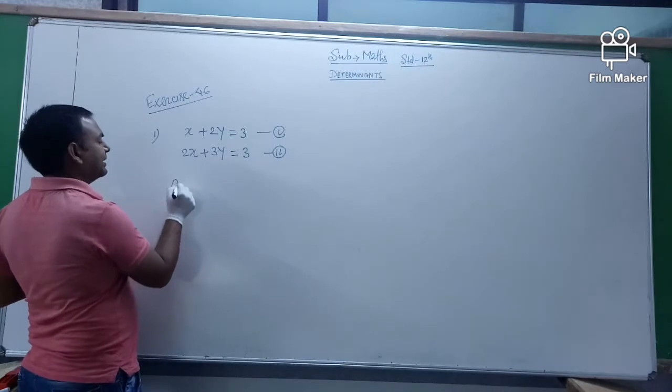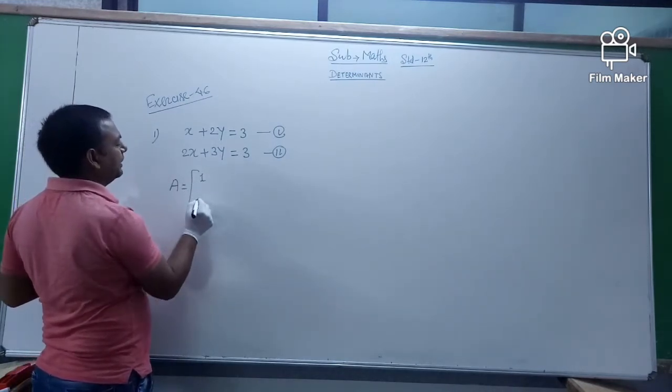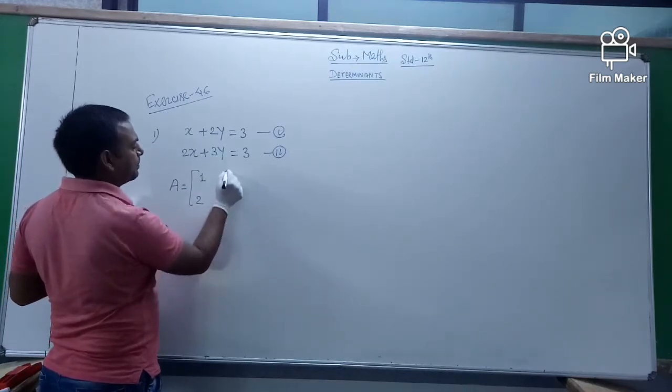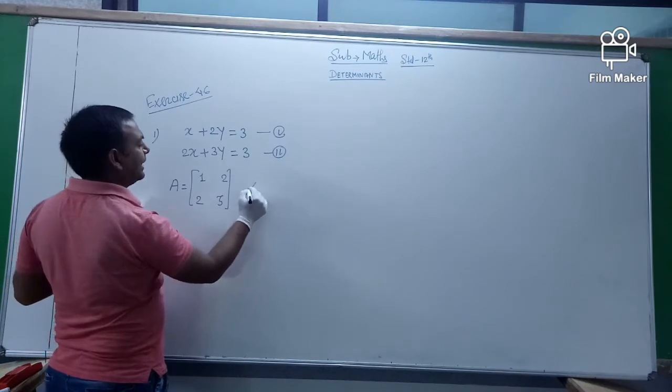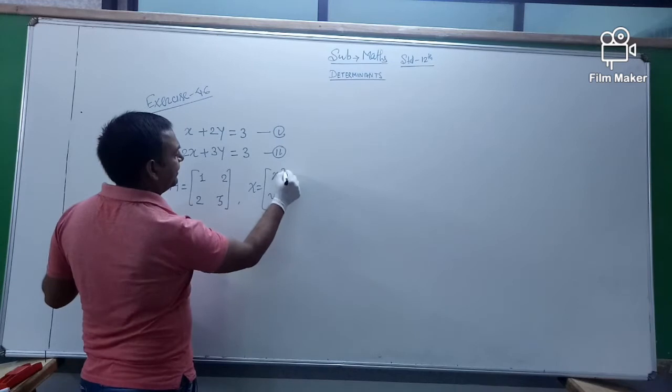Here I take the matrix A. A is equal to the coefficients of x: 1, 2, and the coefficients of y: 2, 3. Then X is equal to x and y.